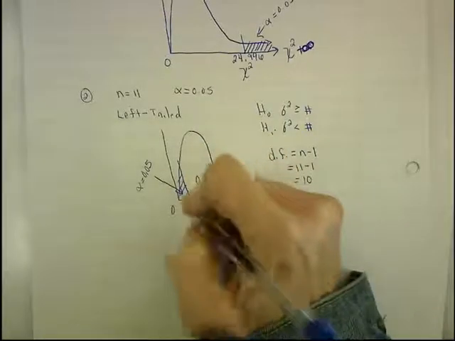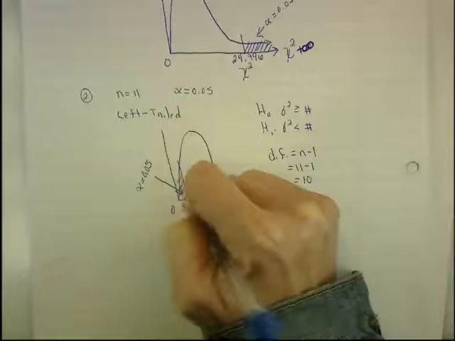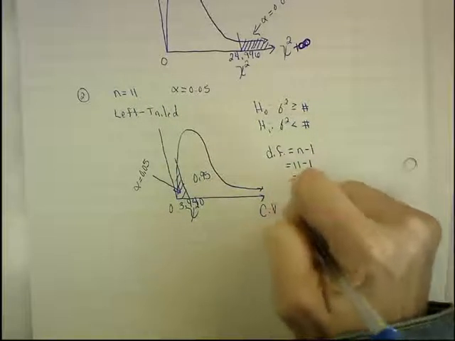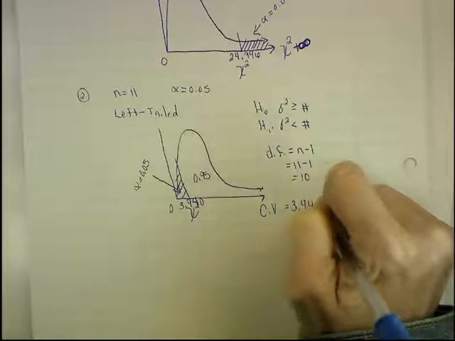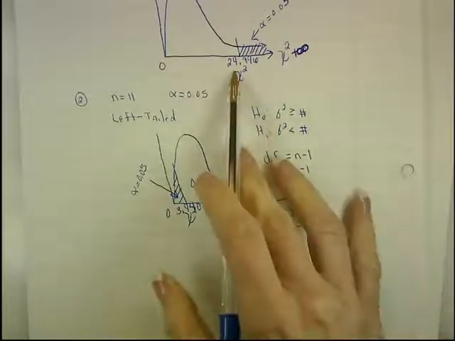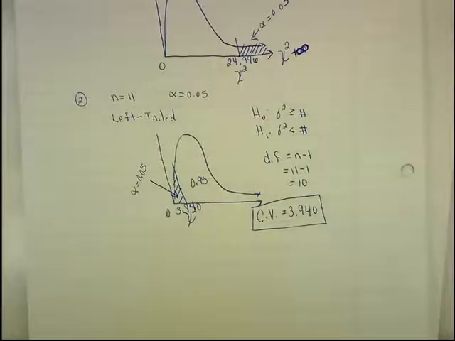And that goes here. Therefore, the critical value is 3.940 for problem 2. And for problem 1, it was 24.996.